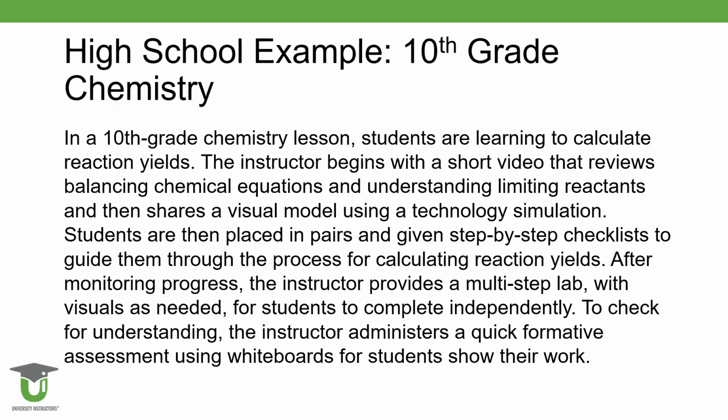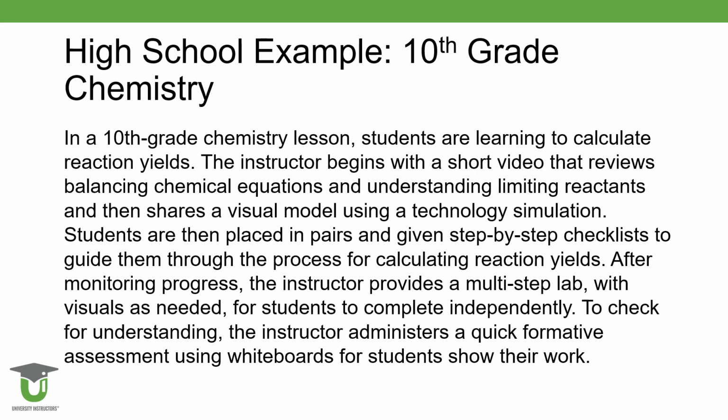In a 10th grade chemistry lesson, students are learning to calculate reaction yields. The instructor begins with a short video that reviews balancing chemical equations and understanding limiting reactants, and then shares a visual model using a technology simulation.